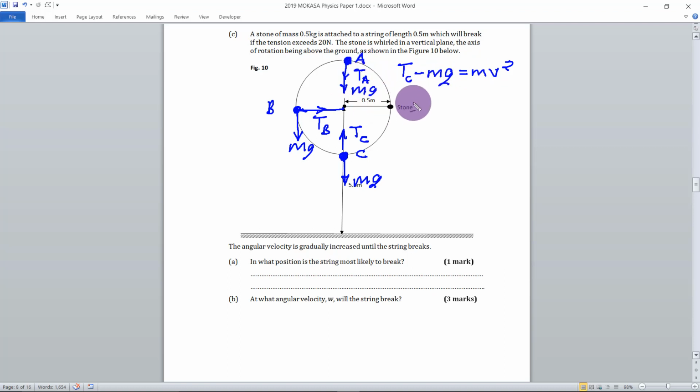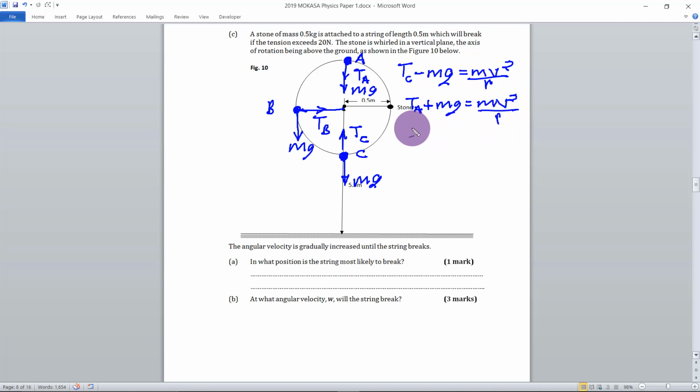At point A, Ta plus mg is equal to mv squared, divided by r, because this is centripetal force.